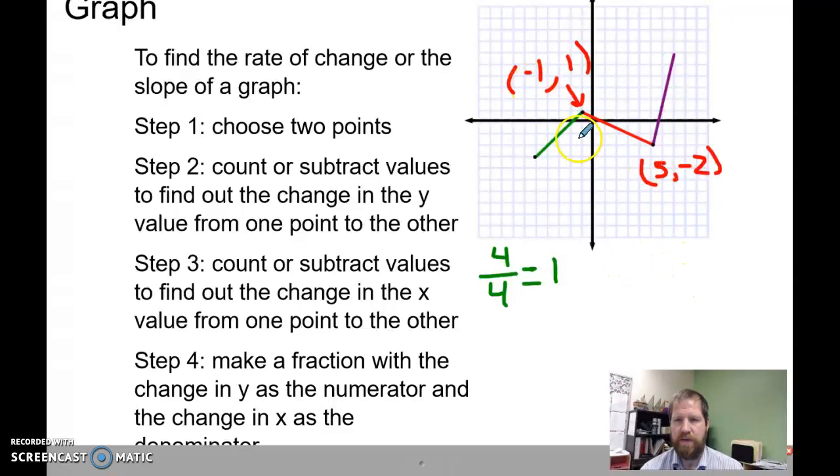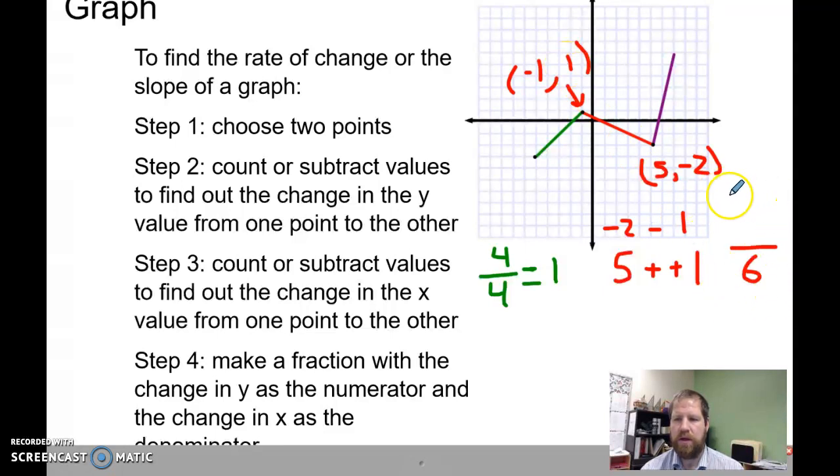I'll have whichever point I want as point 1 and point 2. I'll keep it 5 minus negative 1, or 5 plus 1. So that's my x value, so that'll be on the bottom. And then my y value, I started with 5, so I have to start with negative 2, minus 1.